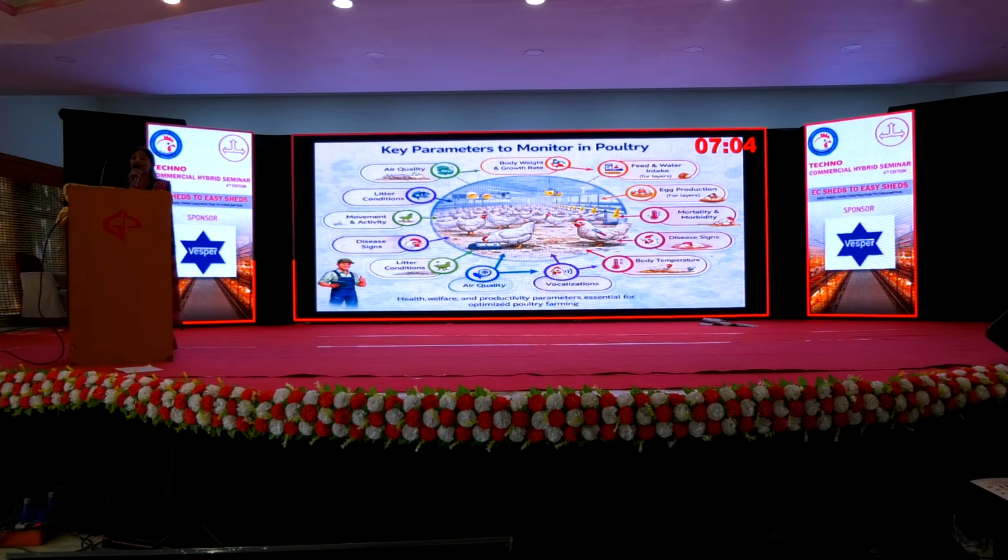With manual power, it is difficult to monitor litter moisture and ammonia level. If you are using IoT sensors like ammonia sensors or moisture sensors, we can easily identify when the level is exceeded, and an alert will be notified to the farmer. So we can easily monitor and control the ammonia level and moisture level in the litter.